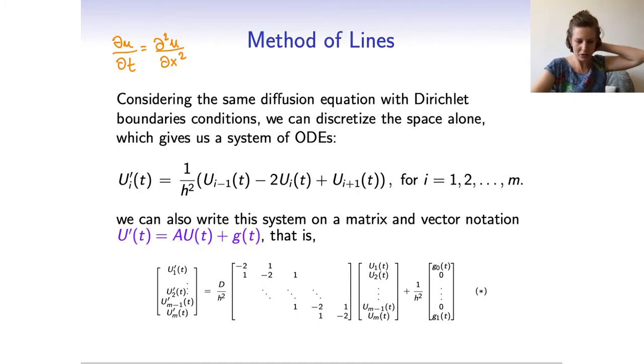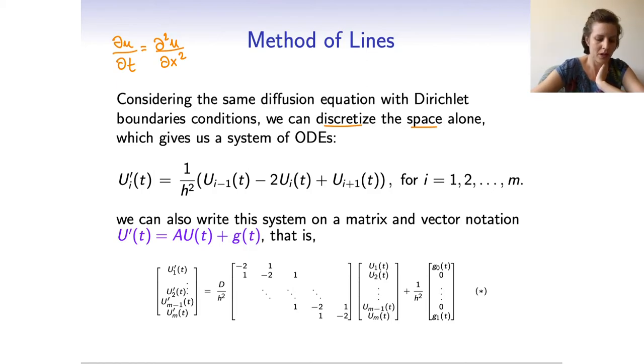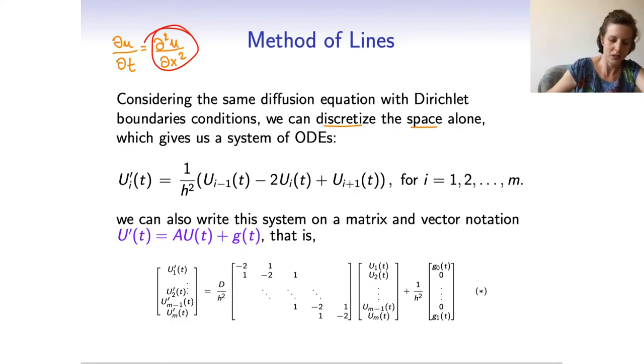And we are going to discretize only in space. It means that this is a semi-discretization, so we are only discretizing the Laplacian. Okay, so we get a system of ODEs.